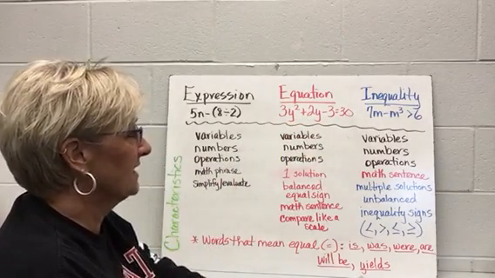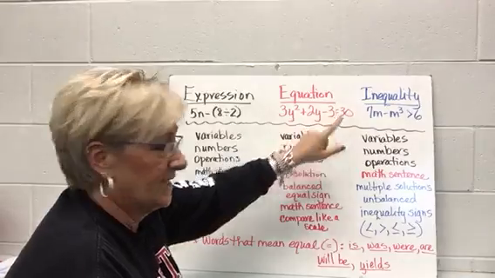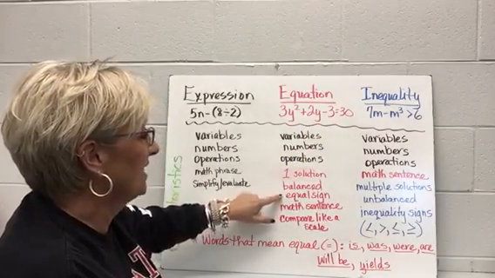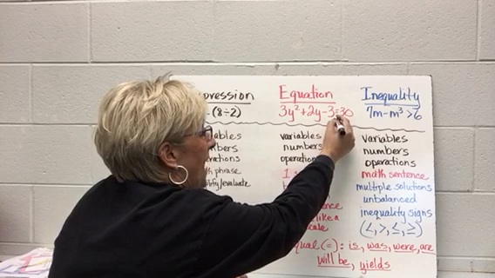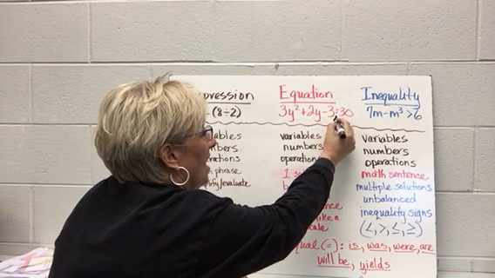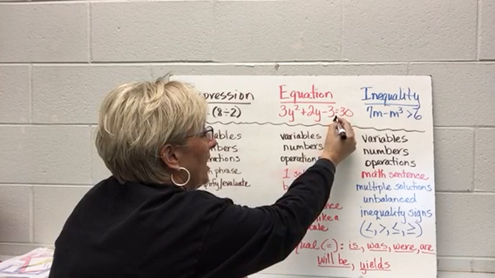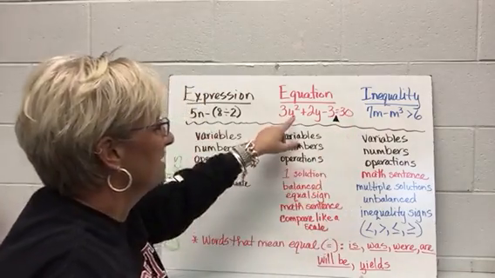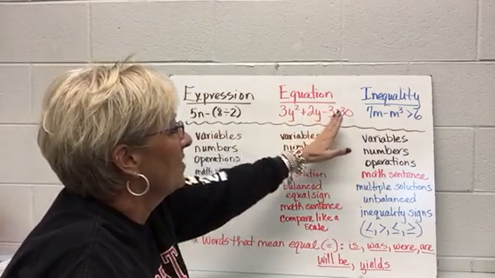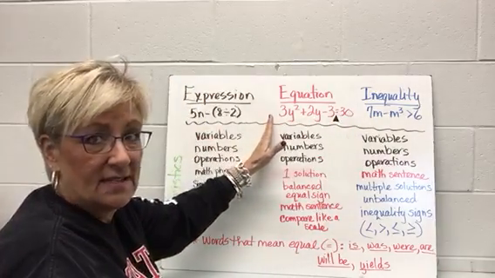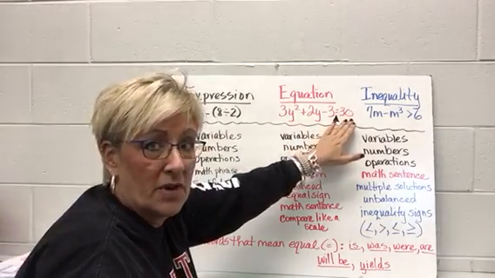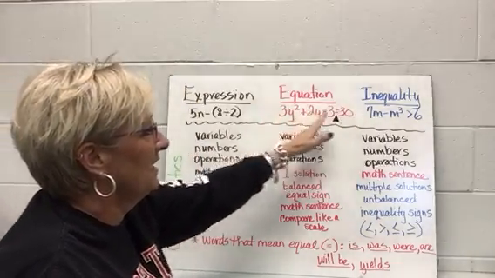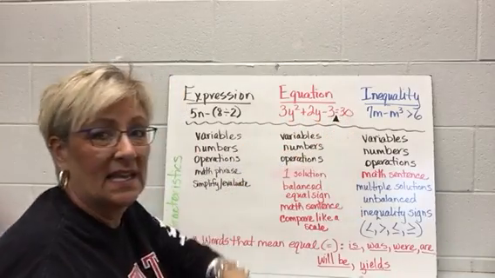The only difference is that here we've got an equal sign, which means that these two are going to be balanced. Even though this has got a lot of variables and it's even got an exponent and a lot of numbers, whatever is on the left side of the equal sign is going to be equivalent to the number 30. So whatever we find in here is going to be the same thing as 30.